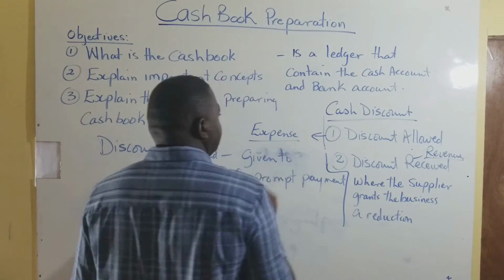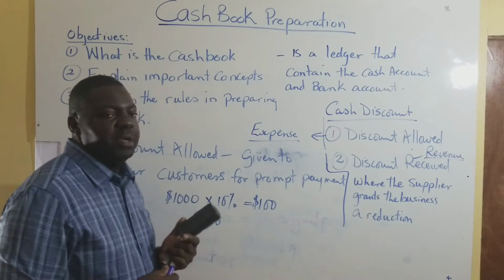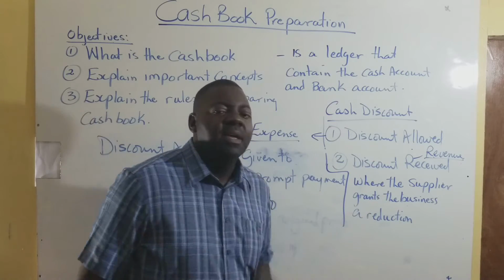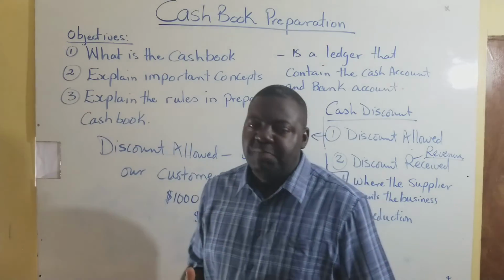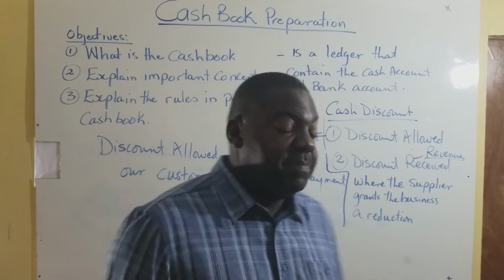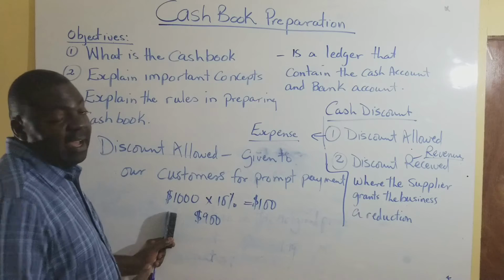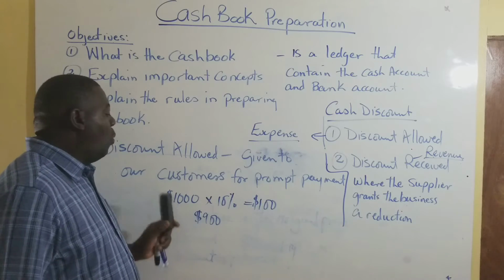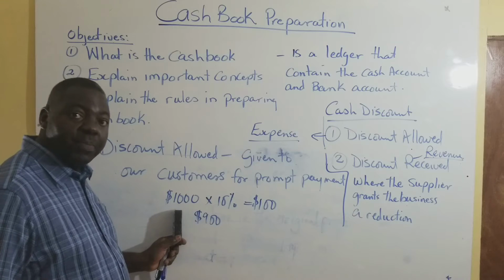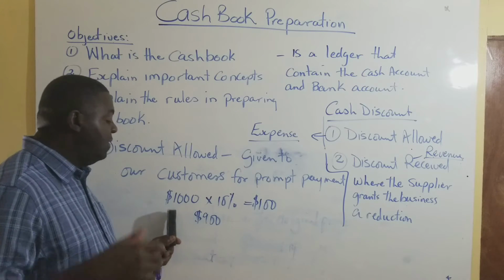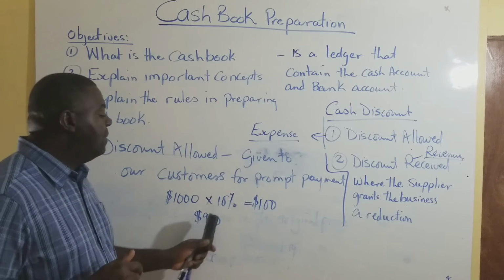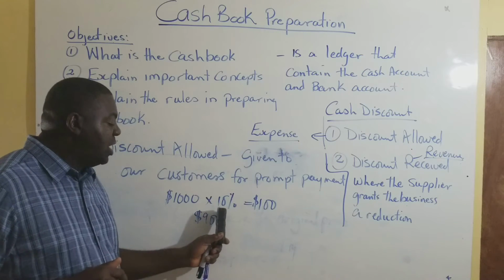Okay? Very important point. So in this case, discount allowed is an expense. And why is it an expense? Important question. Why is discount allowed an expense? Well, let's go back to this little example I had here. We would normally be receiving $1,000 from the customer. But we have allowed them a reprieve or a reduction of 10%.